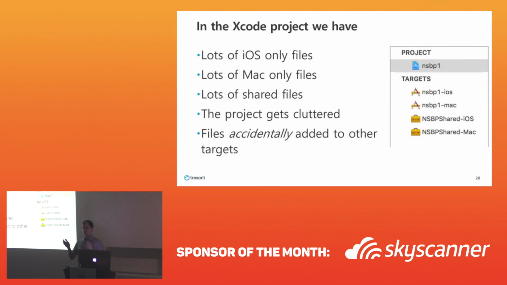And it can happen that files accidentally get added to other targets. For example, you have some really nice thing on iOS, and you use it on iOS. It's added to the iOS target, and you want it on Mac as well. It's really easy to just add that tick, add it to the Mac, and now you have a shared file outside your shared frameworks.